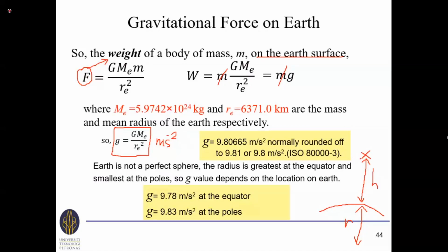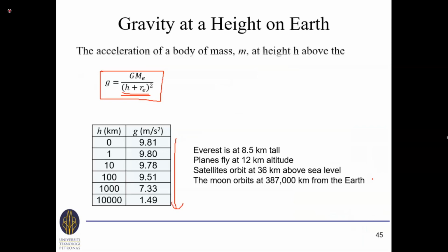If you have a satellite at a certain height from the Earth's surface, you can just plug it into the equation. Instead of having only the radius of the Earth, which is only at the surface, if you are at a certain height from the Earth, then add them up. Add the height in the calculation.